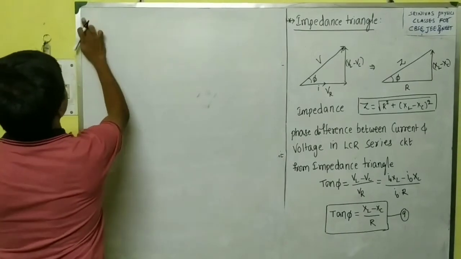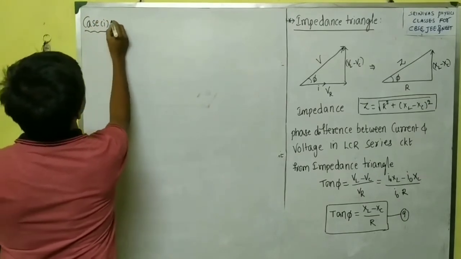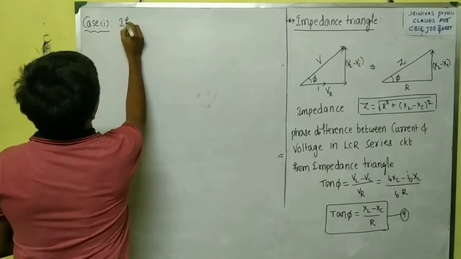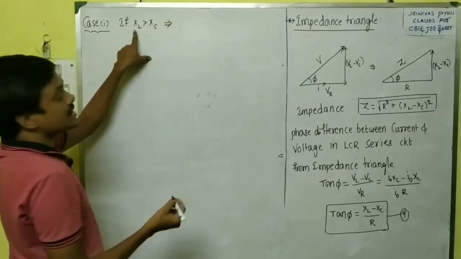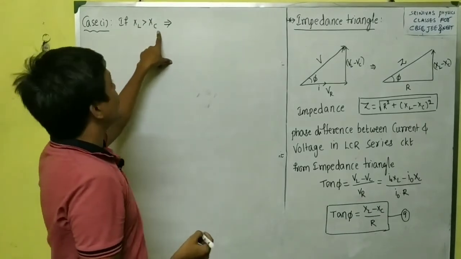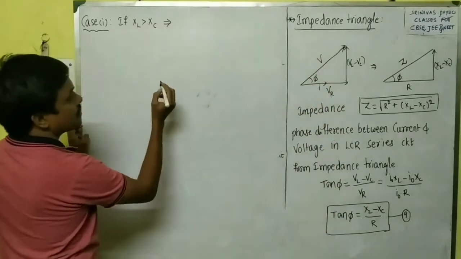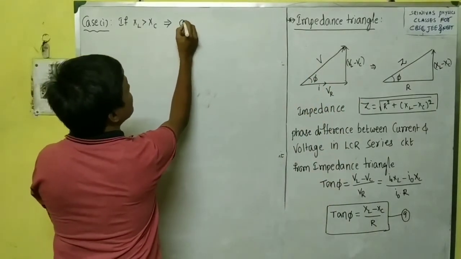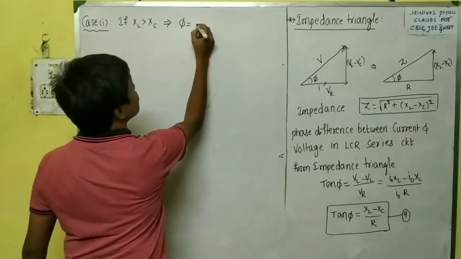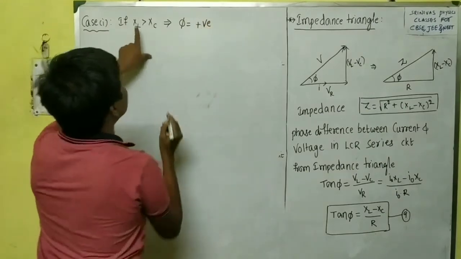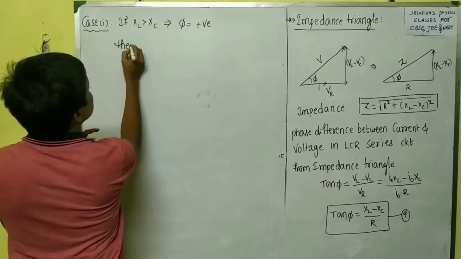Case 1: if XL is greater than XC, that is, the inductive reactance is greater than the capacitive reactance, then the phase difference phi will be positive. In this case the inductor effect is more, so the LCR circuit is said to be an inductive circuit.